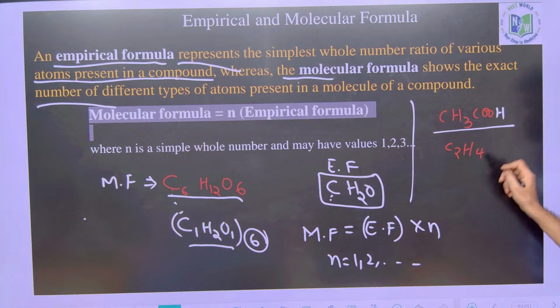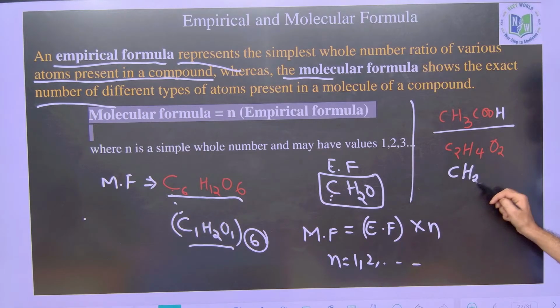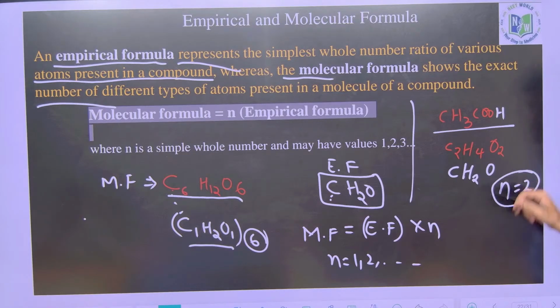Hydrogens? 4. Oxygens? 2. Yes. Take the simplest ratio. CH2O. This is the empirical formula. What is the n value we got here? 2. Okay. So the benzene formula is C6H6. Then what is its empirical formula? CH. n value is 6.